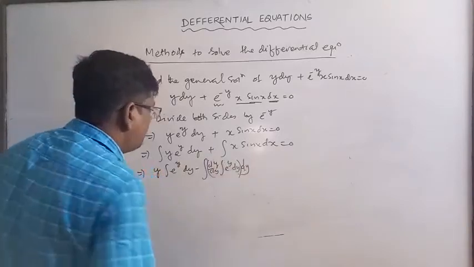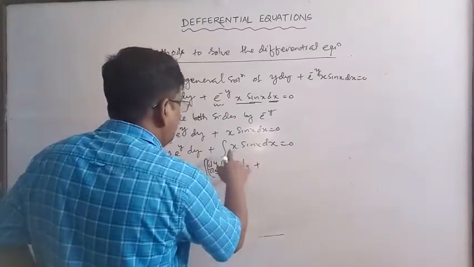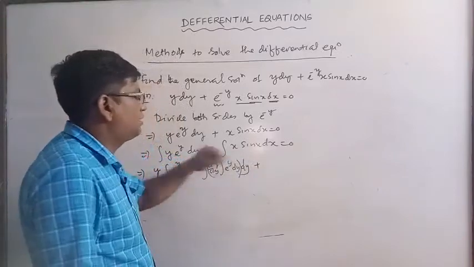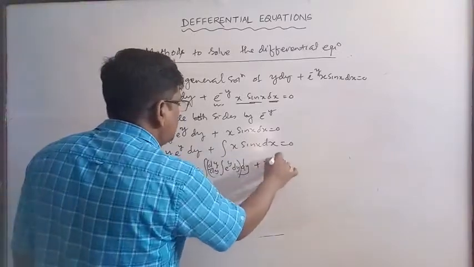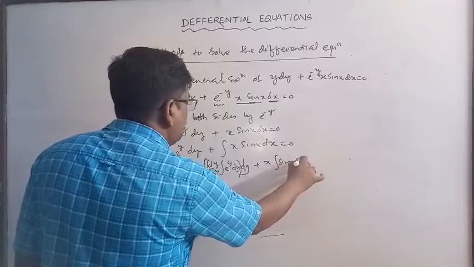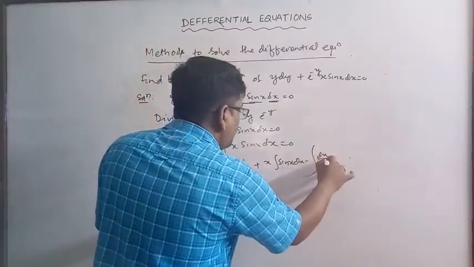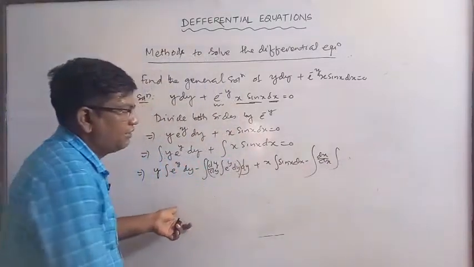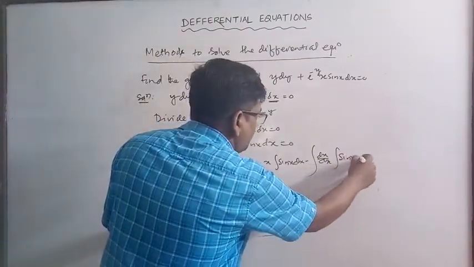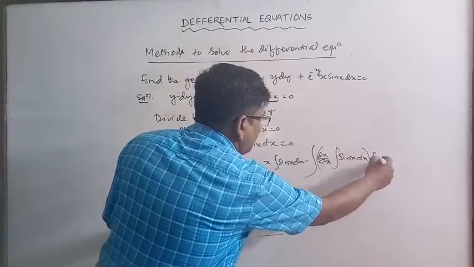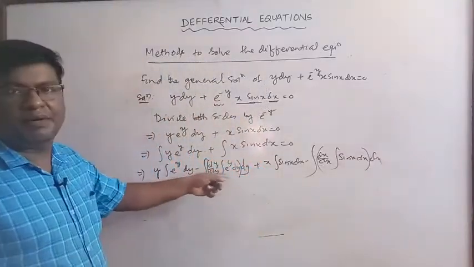Plus, let algebra then trigonometry, this is u, x into integration of sin x dx, minus whole integration of dx by dx, that is integration of sin x, whole dx. Applied what formula? By parts formula.